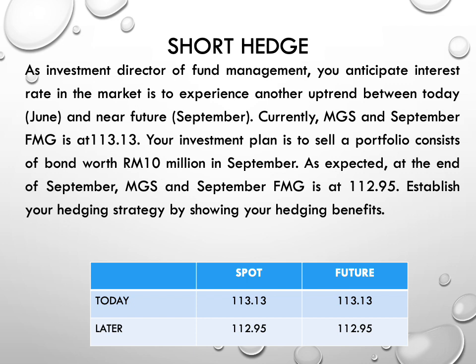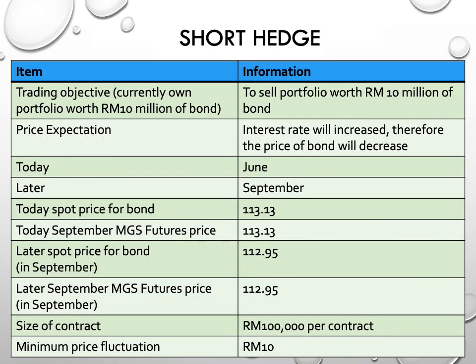So today the price is at 113.13, for both spot and futures market. Later, price converges at 112.95 in spot and futures market. So these are information from the question. You have your trading objective here. You plan to sell bond worth 10 million. Today is June, you plan to sell it in September.